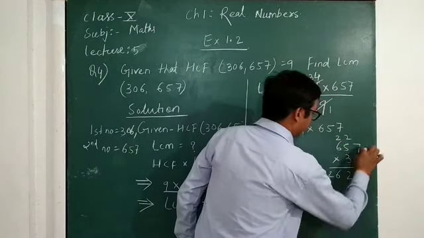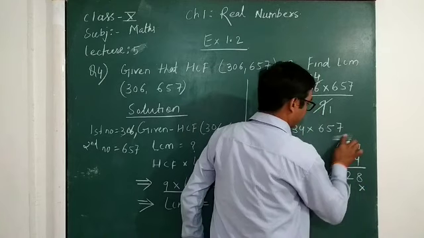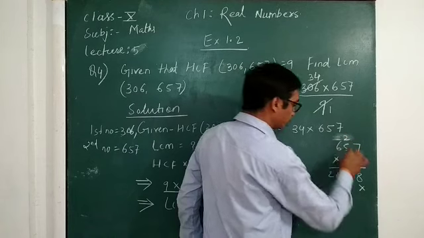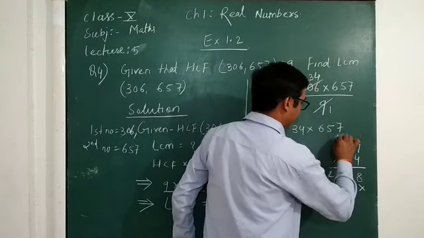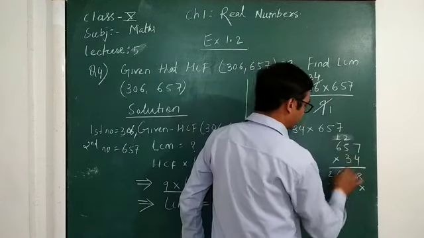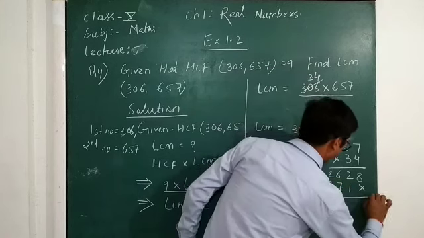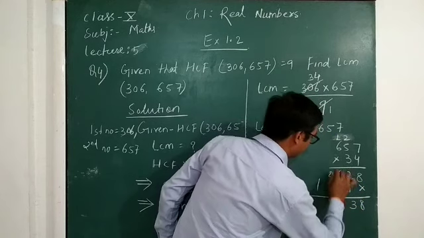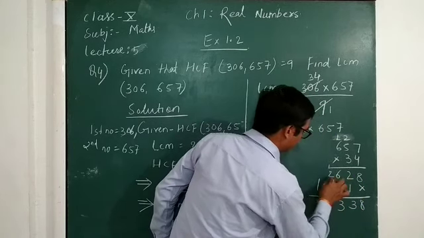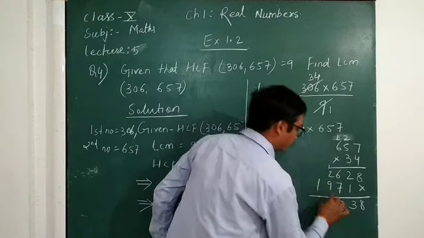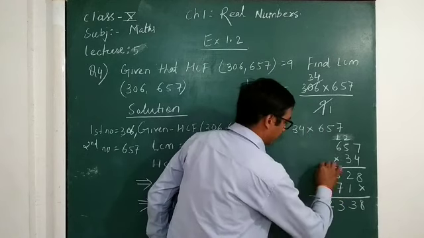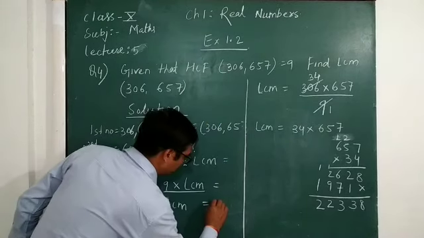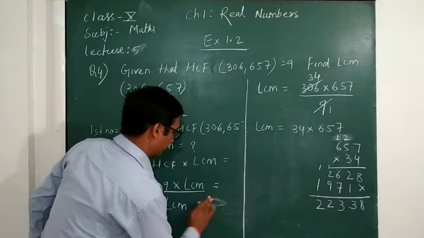Then 3 sevens are 21, carry 2; 3 fives are 15 plus 2 is 17, 7 carry 1; 3 sixes are 18 plus 1 is 19. Adding up, it is 8, then 3, and so on.